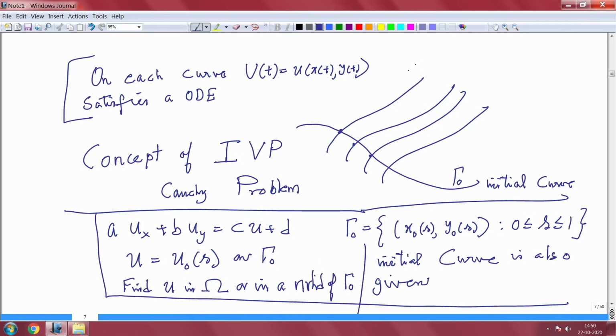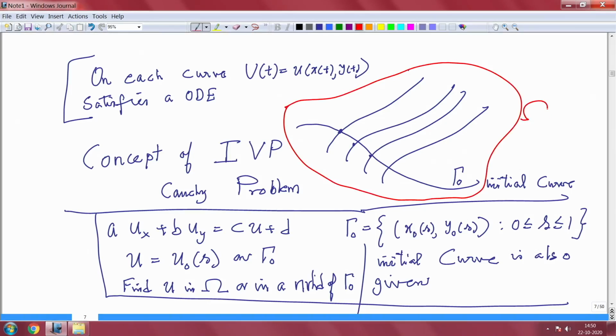You have a domain omega here, your characteristics, and an initial curve, and the value of u is given along this initial curve. Try to find u in the entire domain omega, or if not, at least in a neighborhood of the initial curve. This is called the existence of a local solution. So, you want to do that.